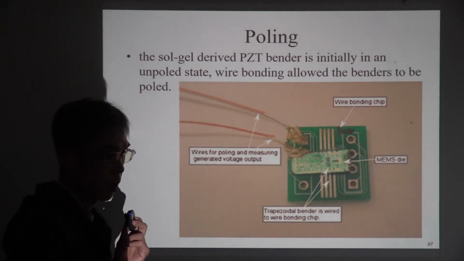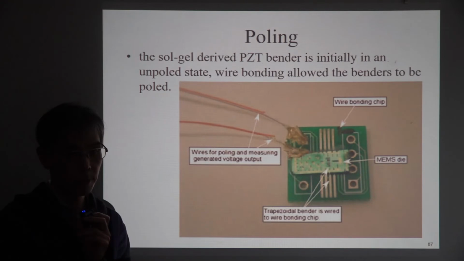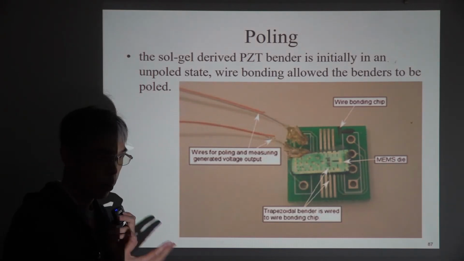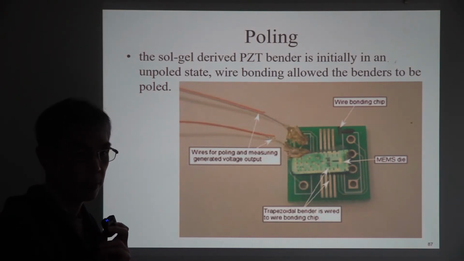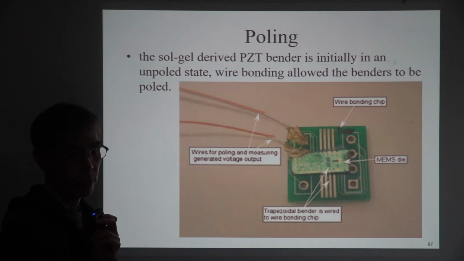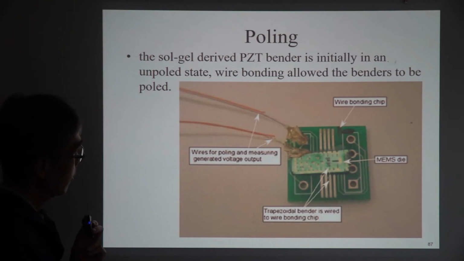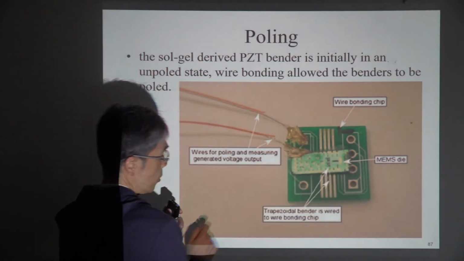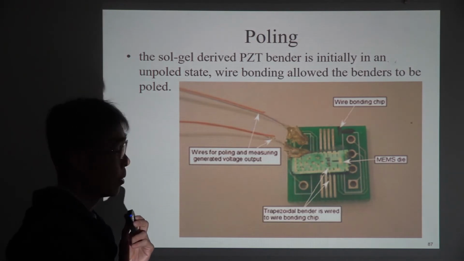Okay, so for the micro device, the PMN-PT layer needs to be poled before we can use it as an energy conversion device. So this is the die containing the beams.